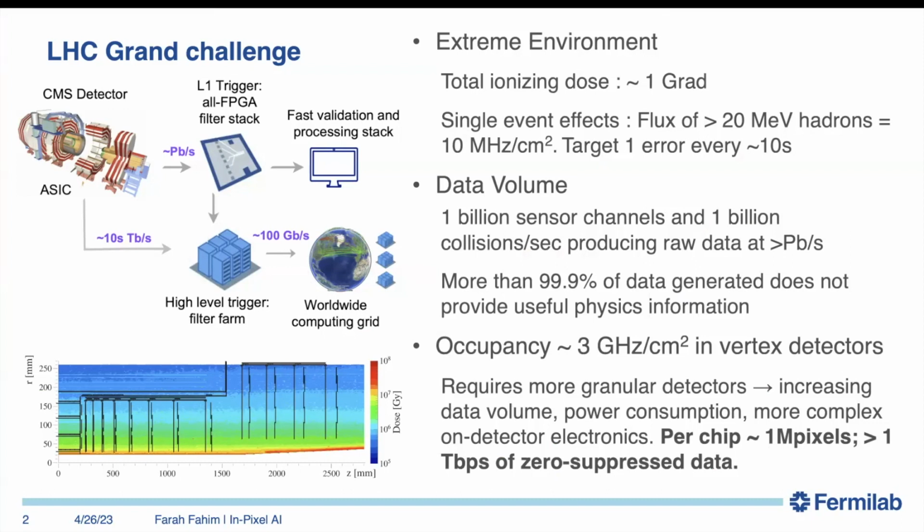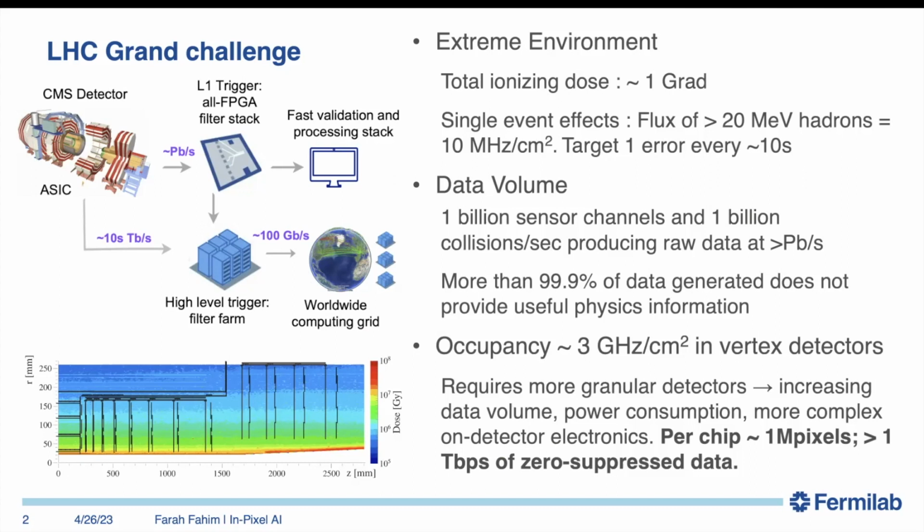The occupancy of the vertex detectors is roughly on the order of 3 gigahertz per centimeter squared, which basically means that you want to create more granular detectors, which in turn increases your data volume, which has implications on your power consumption and requires more complex on-detector electronics.